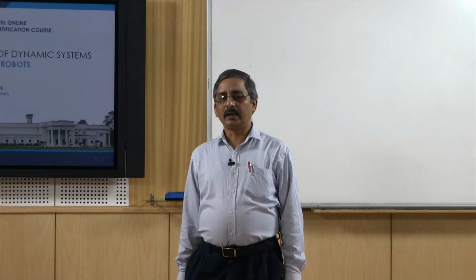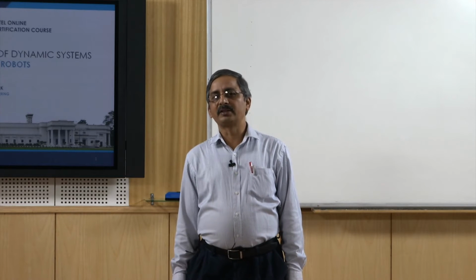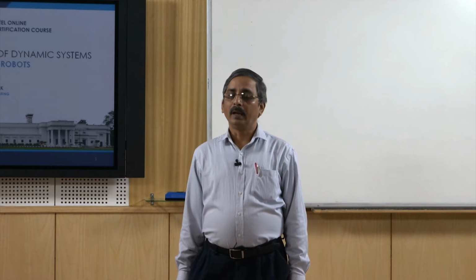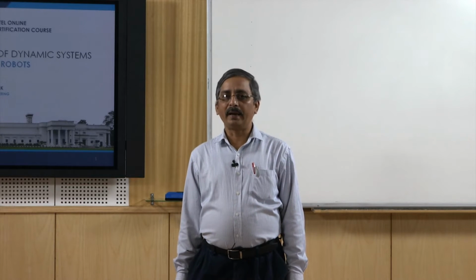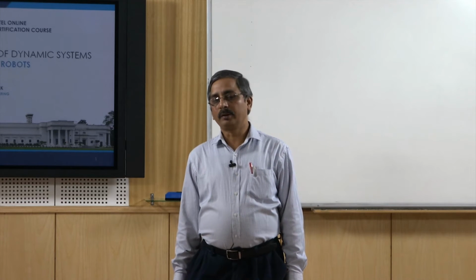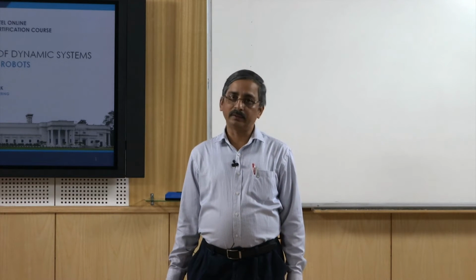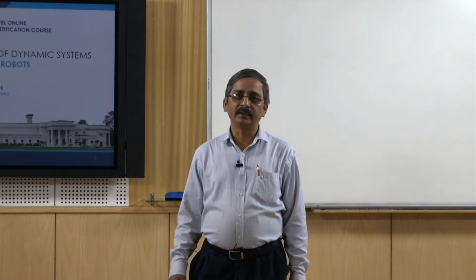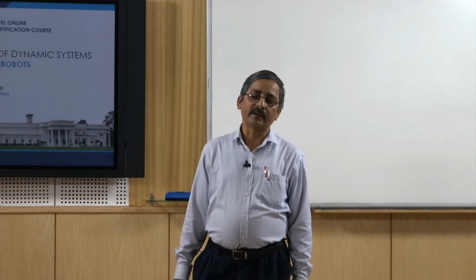As all of you know, a robot is an example of a mechatronic system. Here you will find the arms of the robot, which have their own dynamics and are part of the mechanical system.